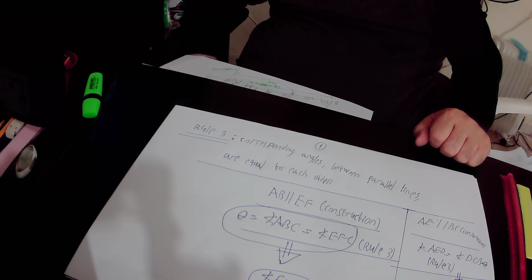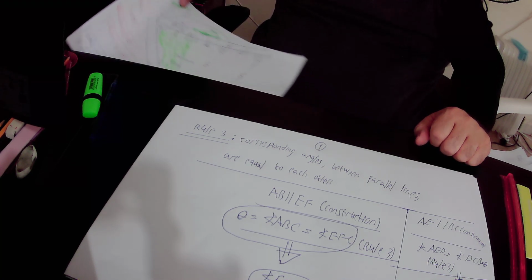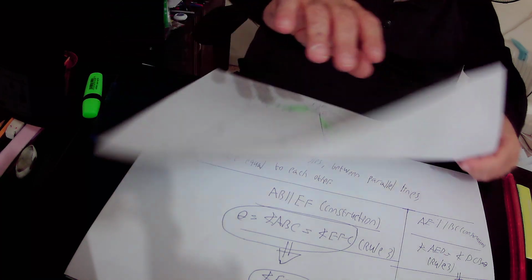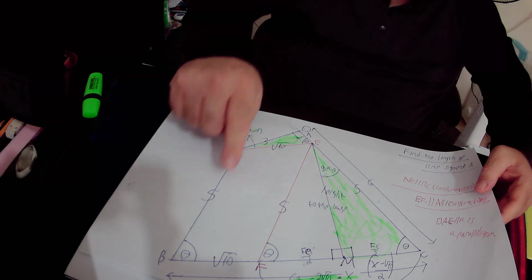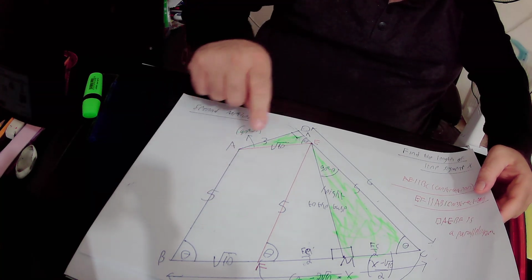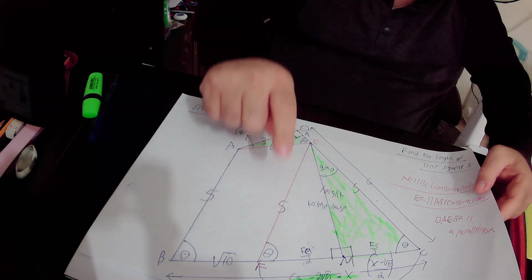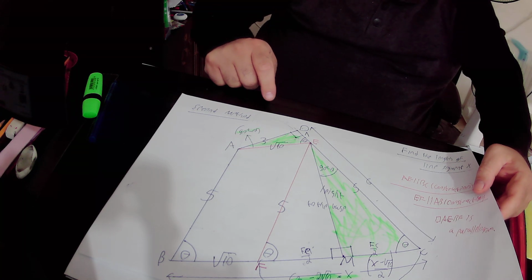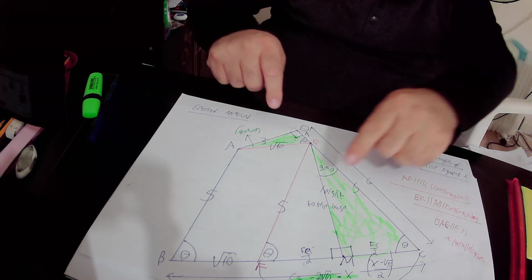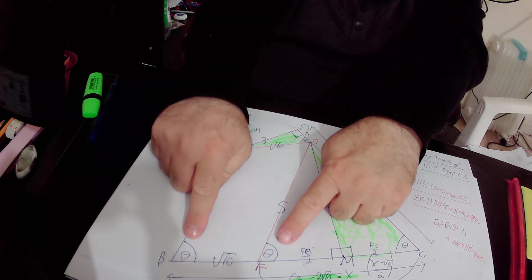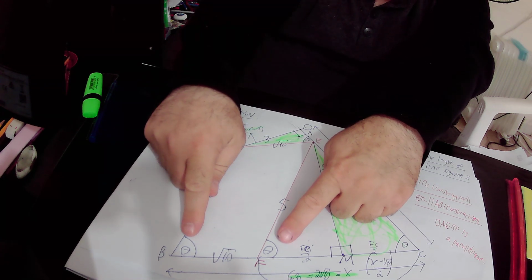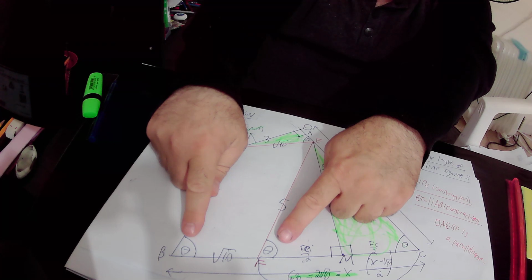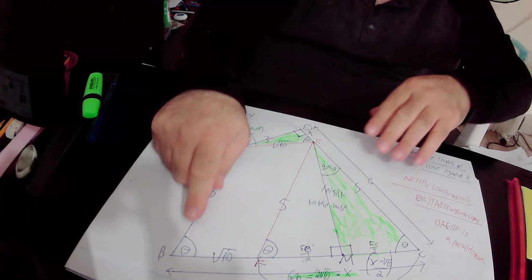And we know that AB is parallel to EF according to our construction. Therefore, those two angles that are defined as corresponding angles located between the parallel lines AB and EF will be equal to each other according to rule number 3.